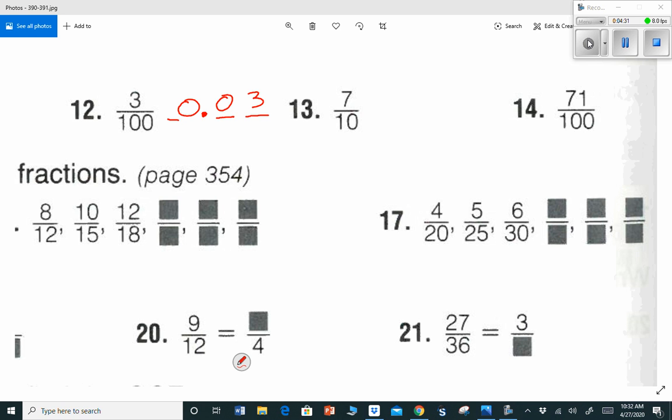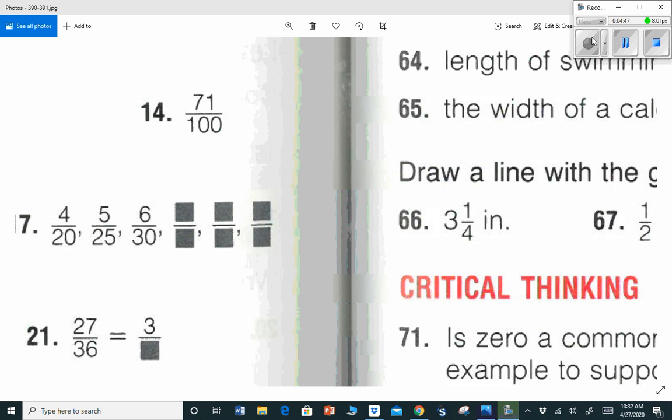So 0.03 is 3 hundredths. 7/10, put a 7 in the tenths place, put a 0 to make it look nice. Number 14 says 71 hundredths. Hundredths is the last place. That's where you want the last digit. Put a 0 in front to make it look nice. That says 71 hundredths.